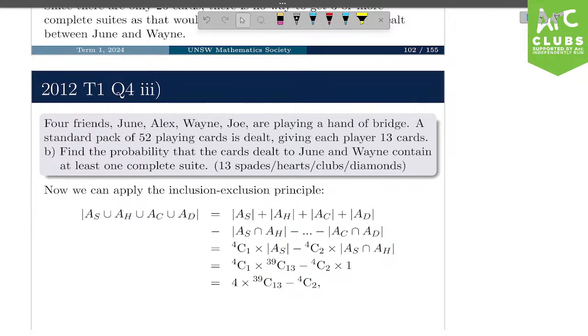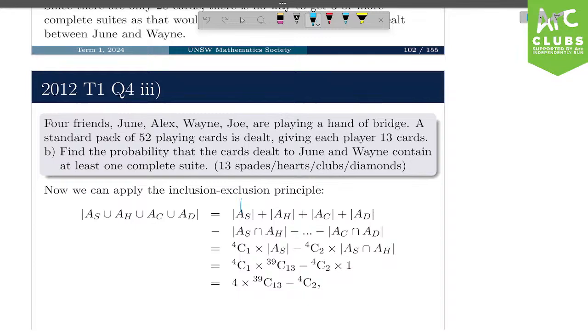So the number of ways for them to get any complete suit is the number of ways for them to get a complete suit of spades plus the number of ways for them to get a complete suit of hearts, clubs or diamonds.